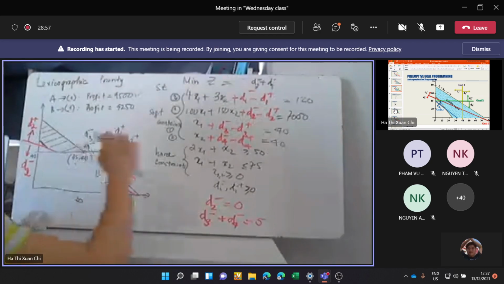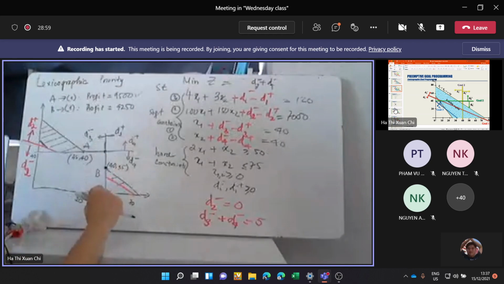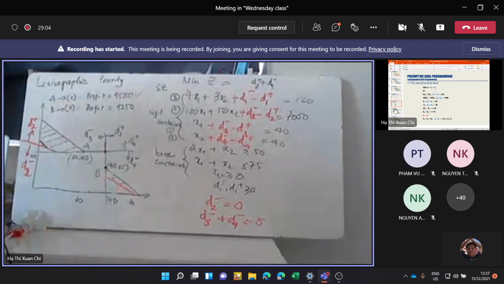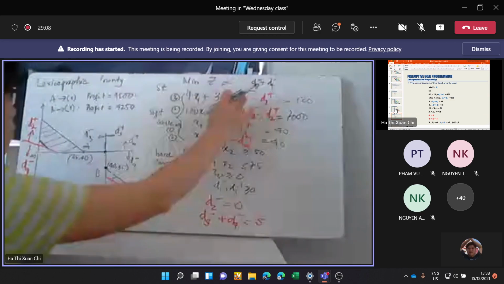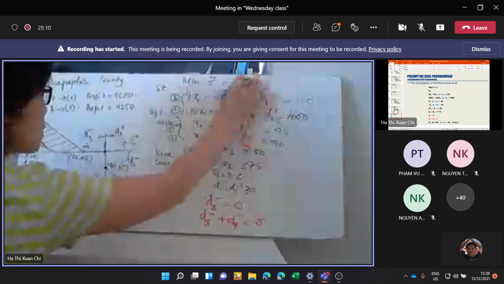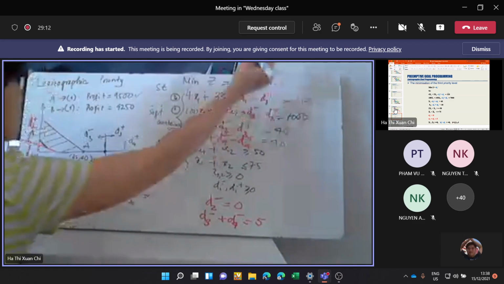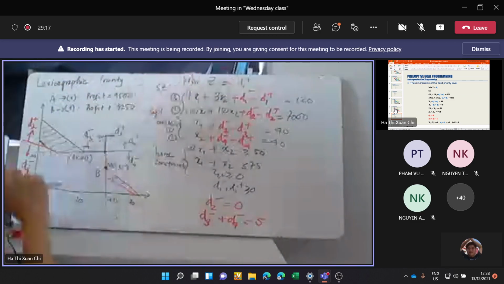Okay, the next one we consider is the third model. So Z will equal B1 plus, minimize, because that is the third priority.